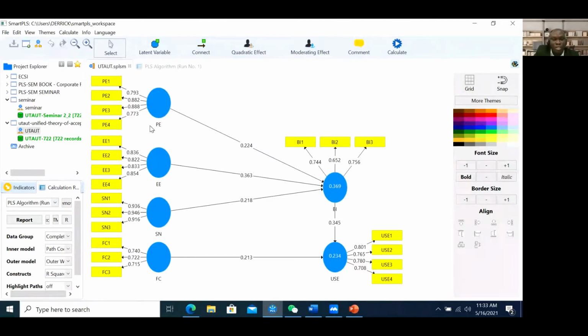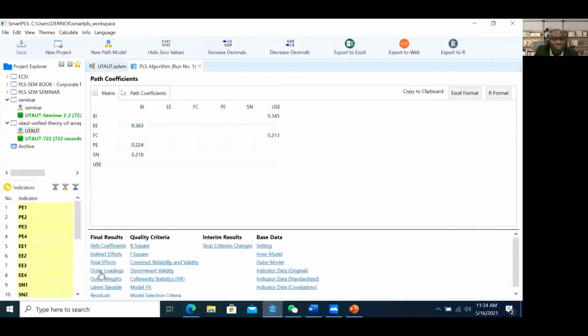The various indicators, these are the loadings. So straight ahead, you'll be able to see which items load lower than the acceptable threshold, okay? Good. So this is the factor, all right? If you are interested in seeing the various outer loadings, good.